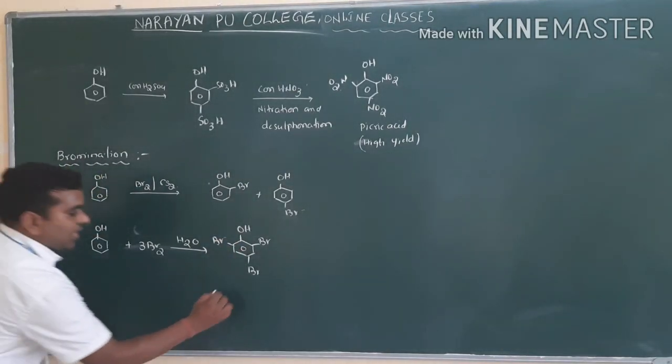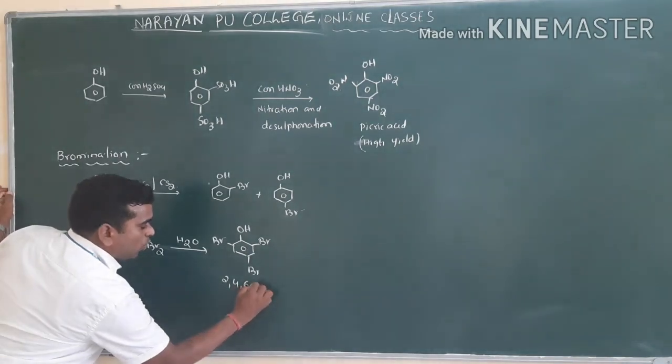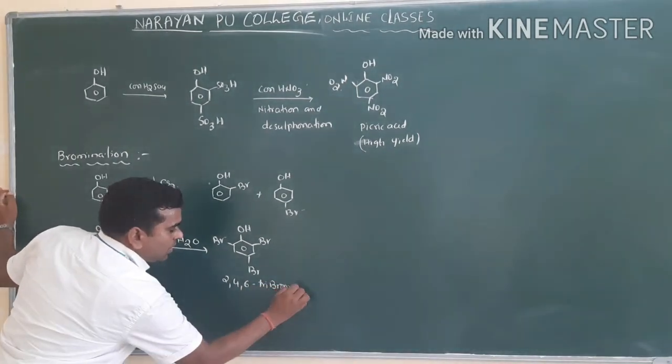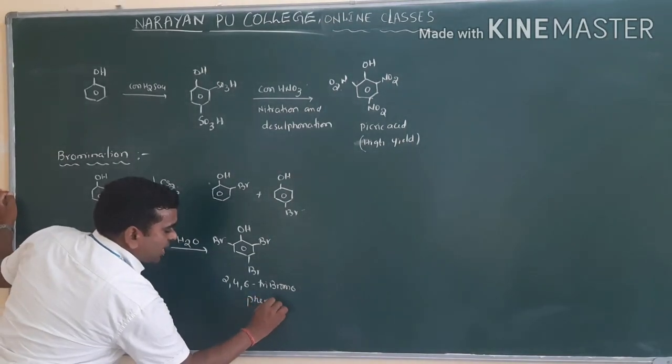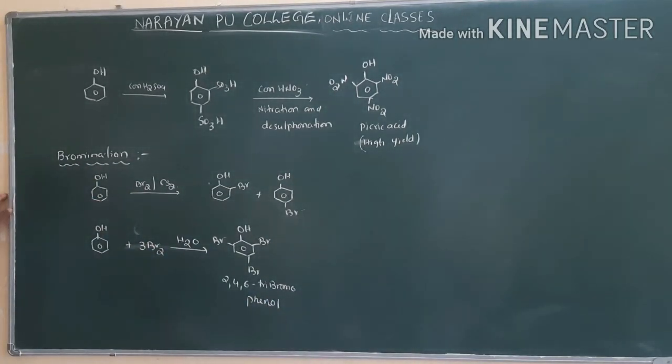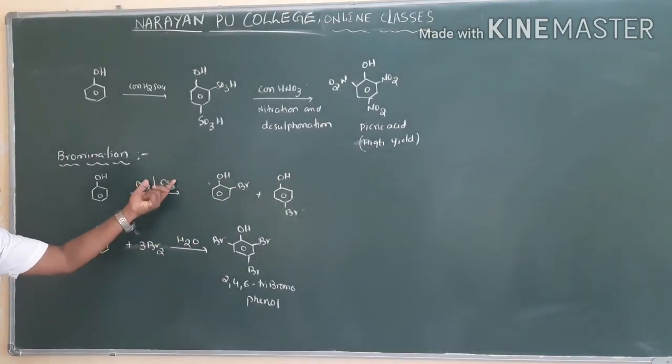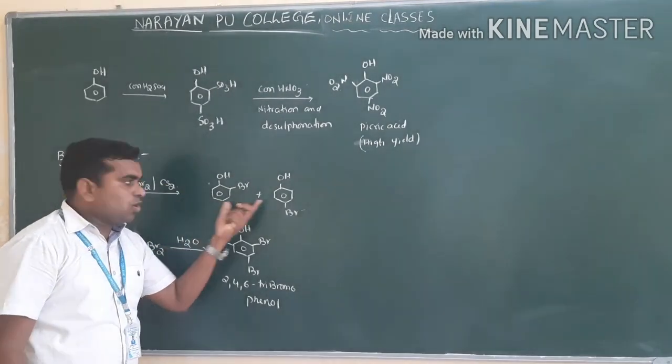Trisubstituted phenol, 2,4,6-tribromophenol. So here non-polar solvent, here polar solvent. In non-polar solvent, you get monosubstituted phenols.